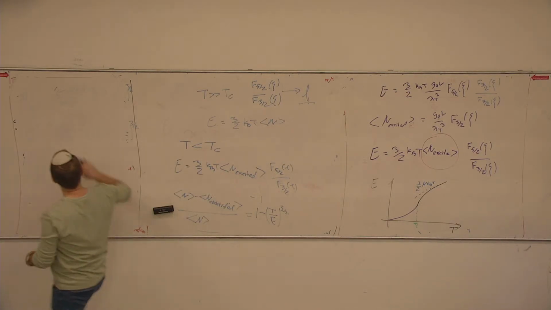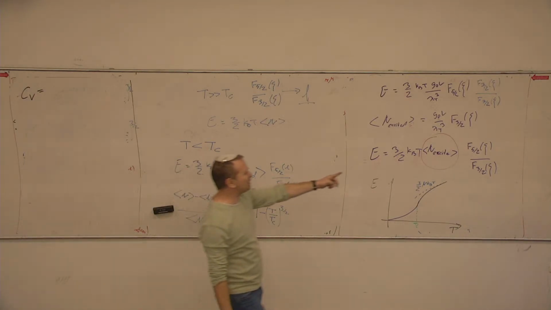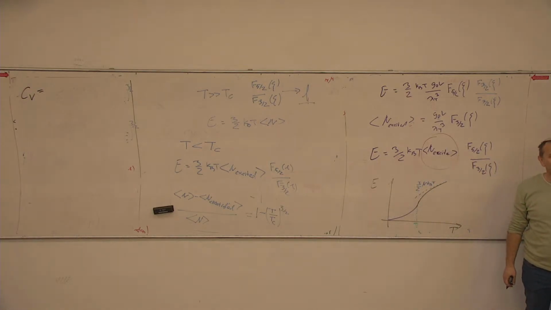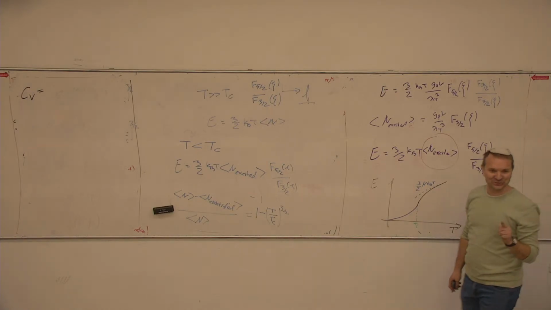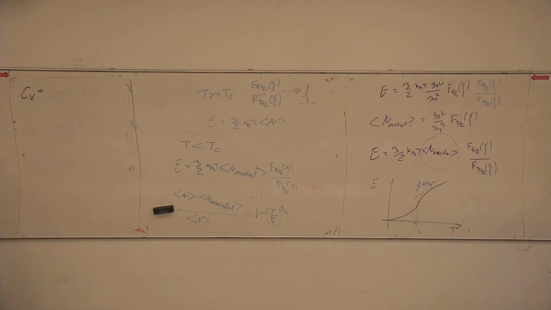You can assume that N is constant, but no, because it's the excited number, and it's not quite constant. So what is CV?